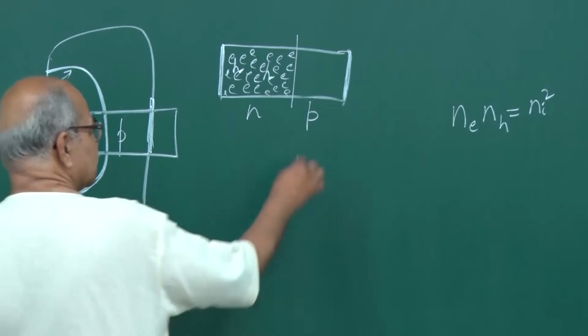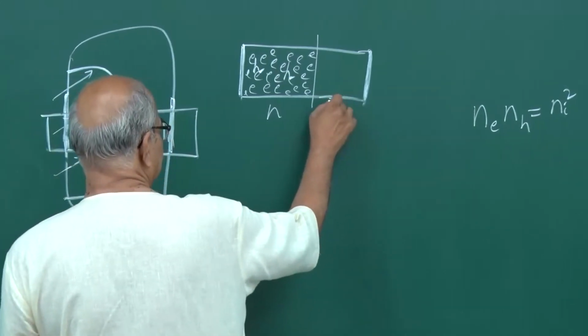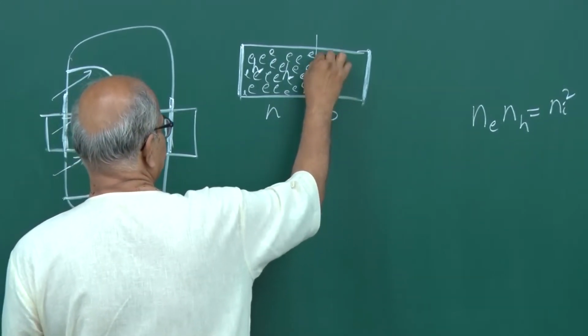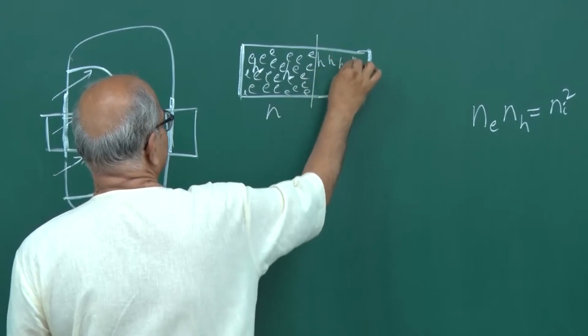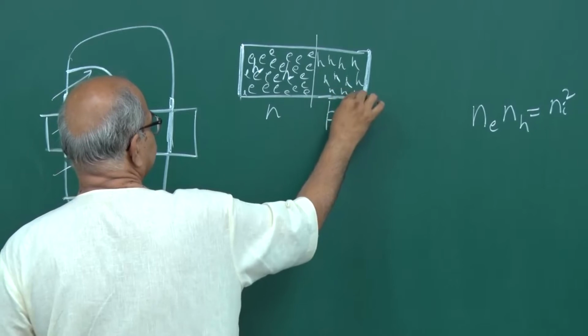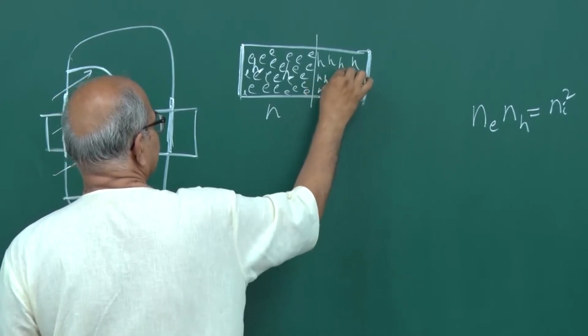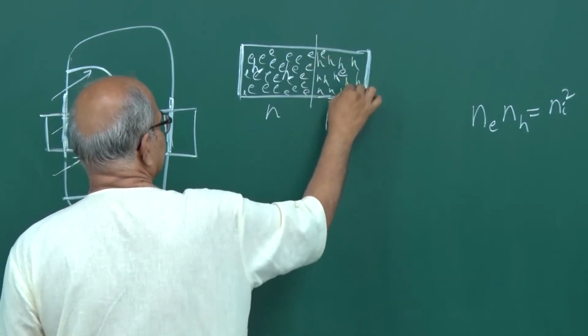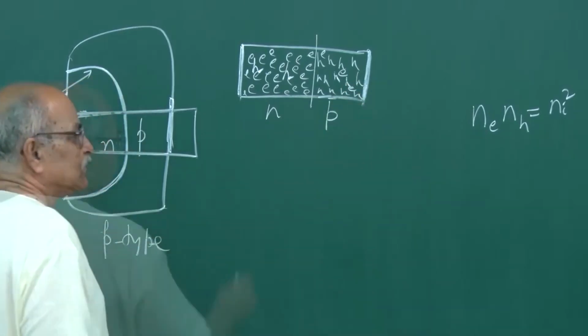And similarly, on this p side, this is p-type semiconductor here. So, you have a large number of holes here, and then some electrons in between.